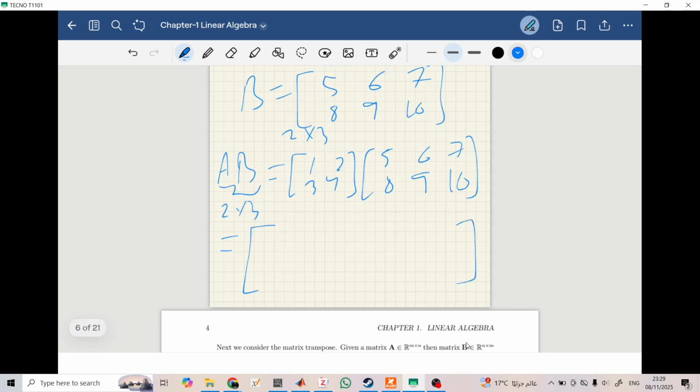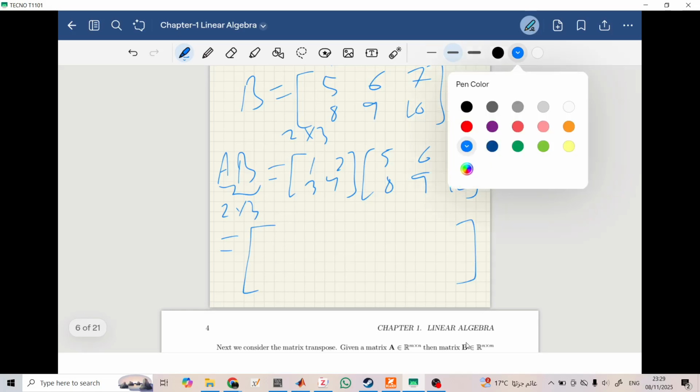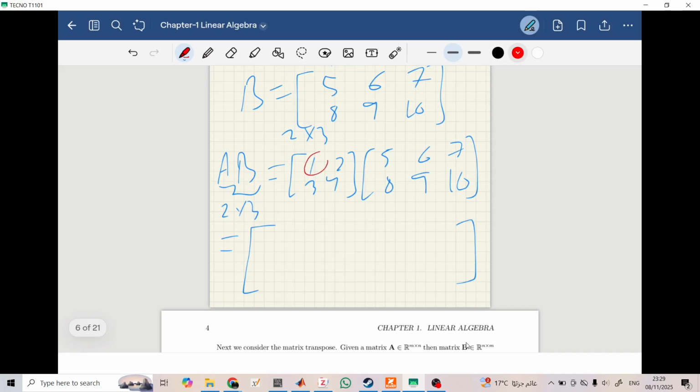So we multiply 1 by 5 plus 2 by 8. 1 by 5 is 5, 2 by 8 is 16, so we have 21, right? Let me get my calculator just to be sure and not make any mistakes.